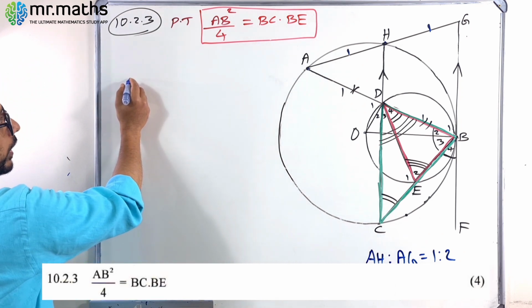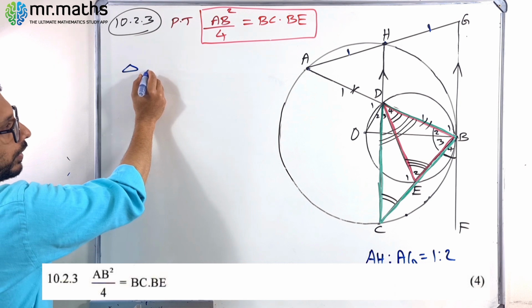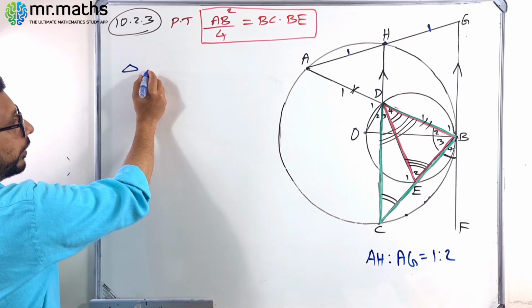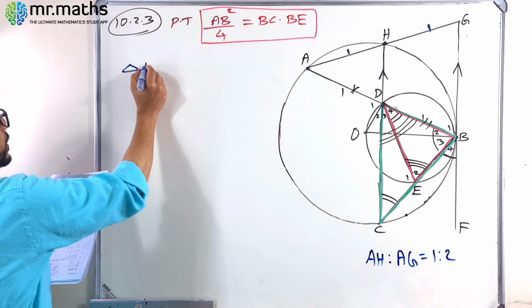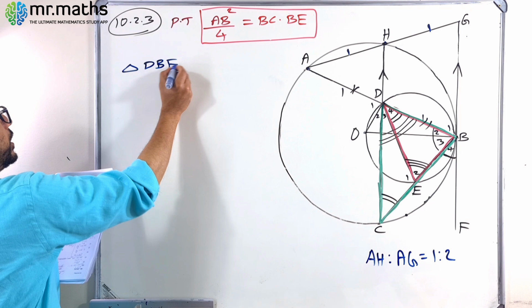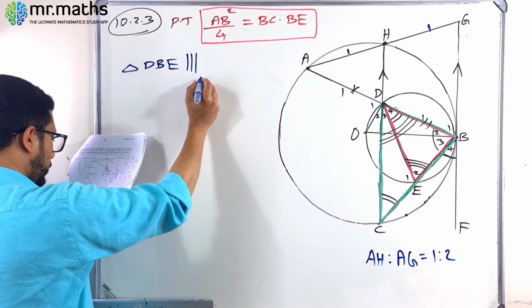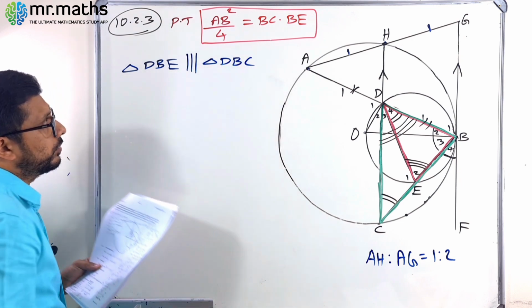We already proved that triangle. Which triangle is that? You must be careful, guys. Let me write it like this because there is a slight mistake in the question. What is given in the question? Triangle DB is similar to triangle DBC, but this order is not correct.